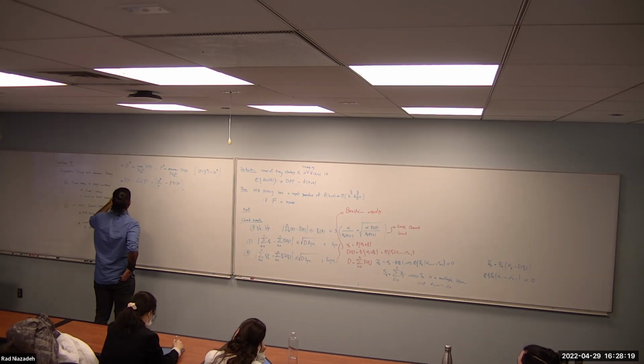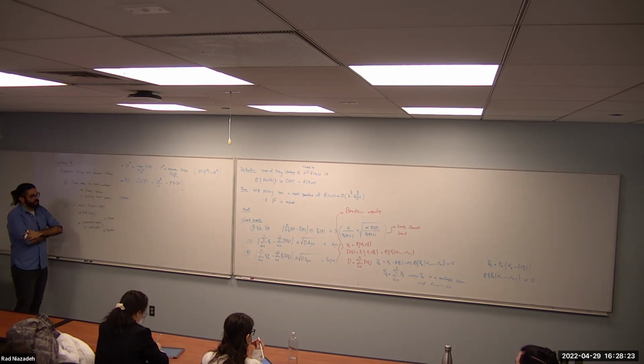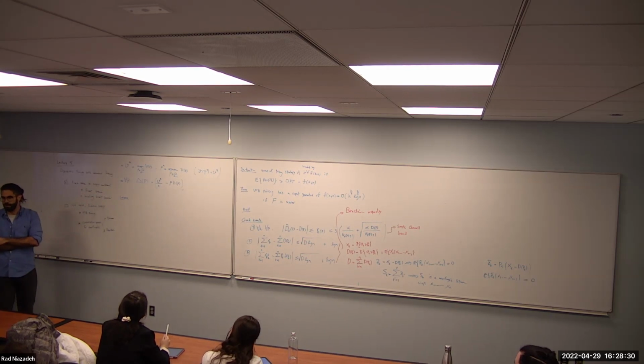So now let's try to understand how much we lose in each time t at a price p.